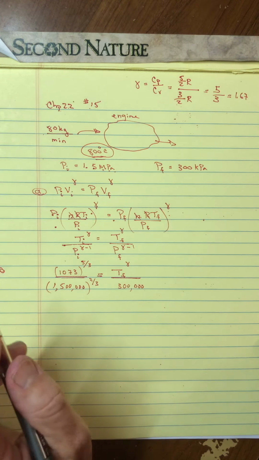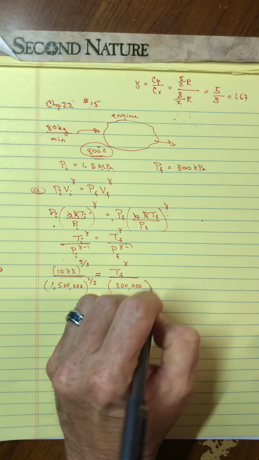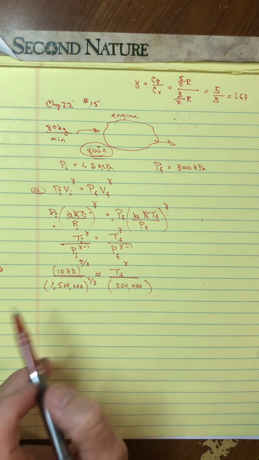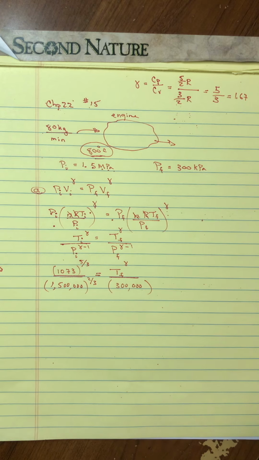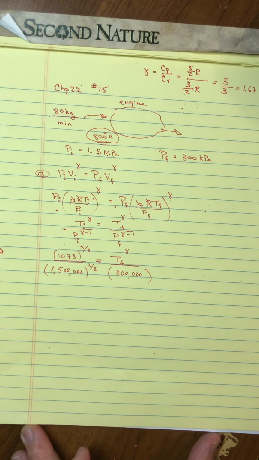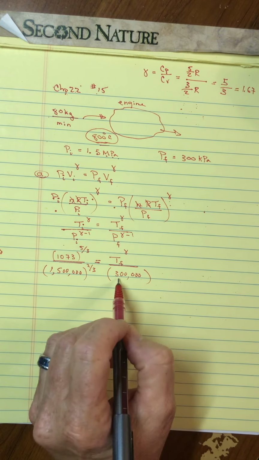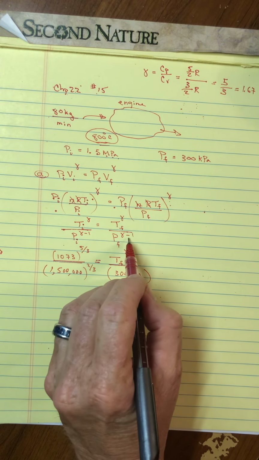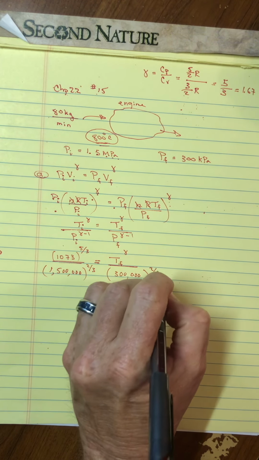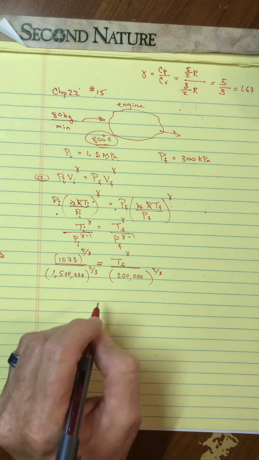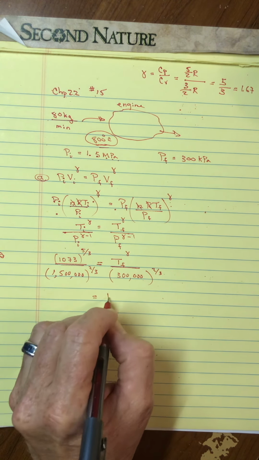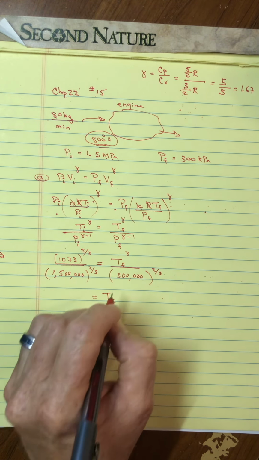And again, I think they mean absolute there. Okay. So these don't have to add the atmospheric pressure because I don't think they're saying gauge pressure. But now that it's 300,000, again, I've got a gamma minus 1, and so that would be 2/3. So maybe I'll just do this in 2 steps.